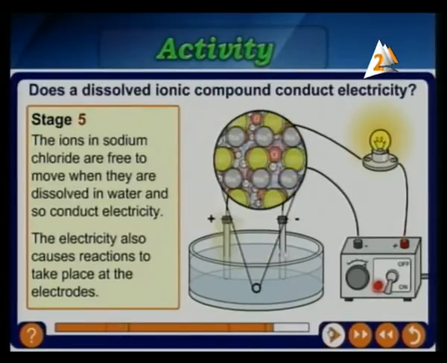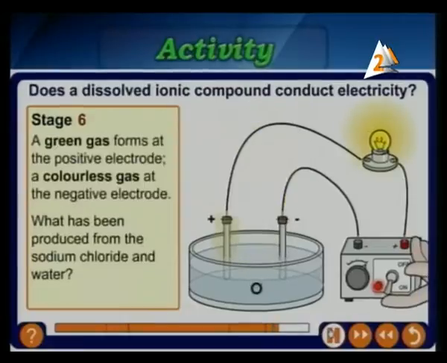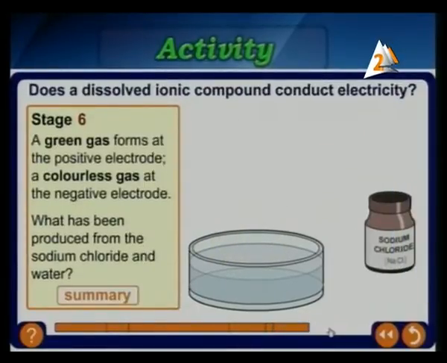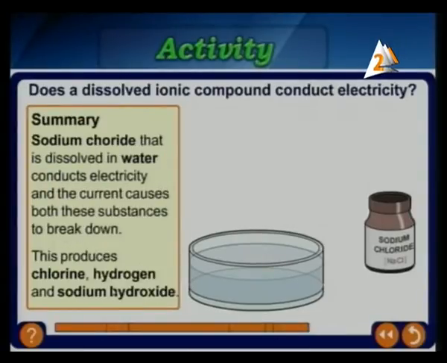But we also have stage number 6: a green gas formed at the positive electrode, called chlorine gas, and a colorless gas at the negative electrode. What has been produced from the sodium chloride and water here? We have a summary about this.